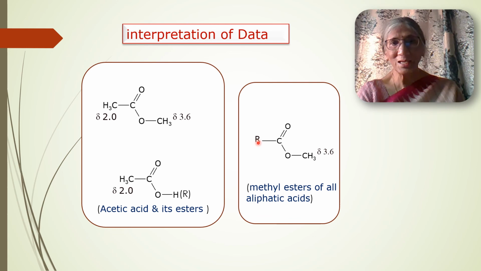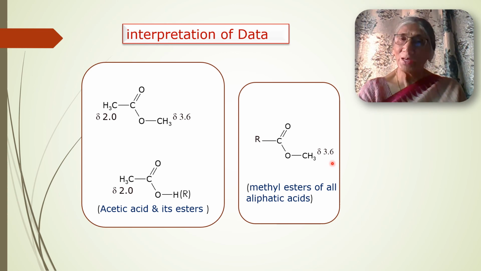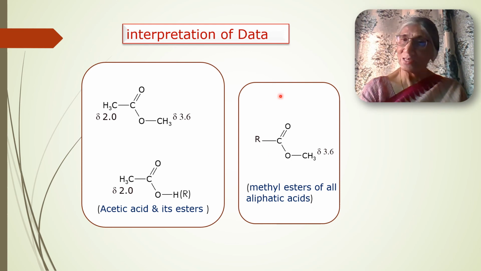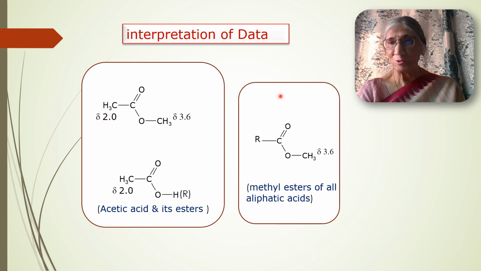It can be methyl acetate, or R can be a butyl group, propyl group, pentyl group, any alkyl group. But this methyl will show the absorption at delta 3.6. So from the NMR spectrum, if there is a signal at delta 3.6, we can say that it may be a methyl ester of an aliphatic acid, along with other data supported by IR and mass values also.